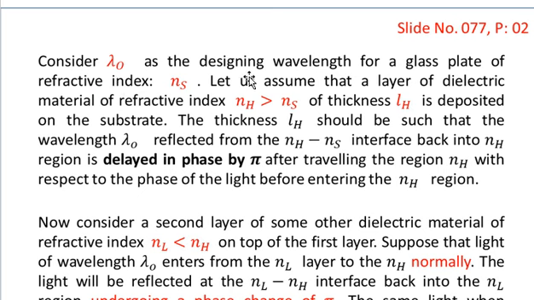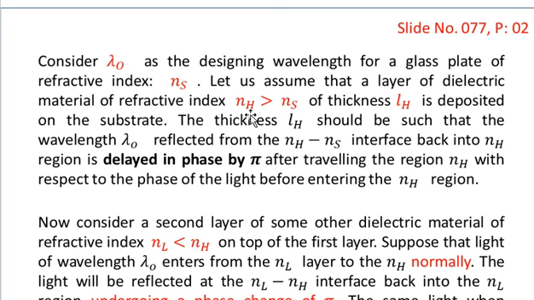Consider lambda naught as the designing wavelength for a glass plate of refractive index Ns. Here S stands for the substrate and N stands for the refractive index, so Ns is the refractive index of the substrate. Let us assume that a layer of dielectric material of refractive index Nh, where Nh is greater than Ns, is used.